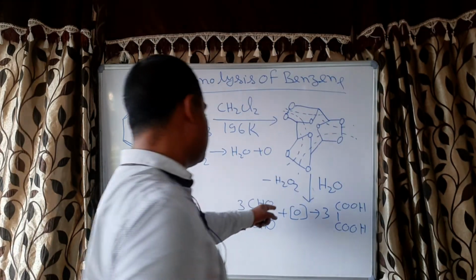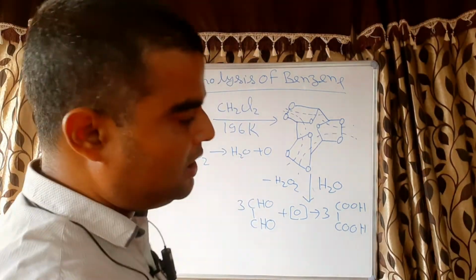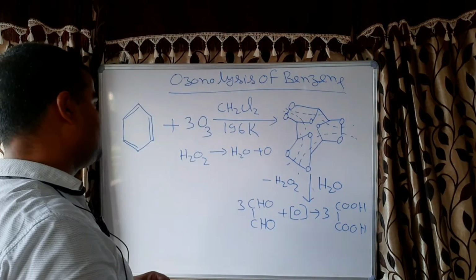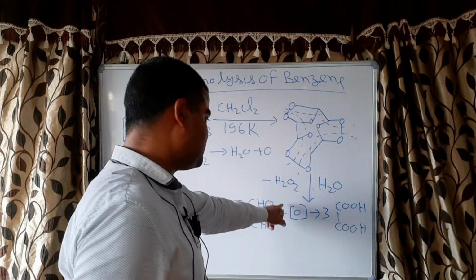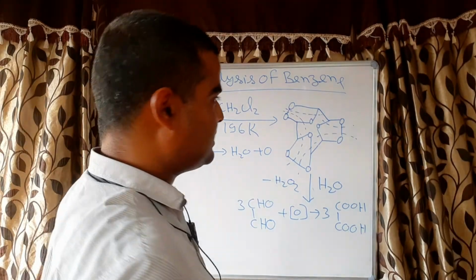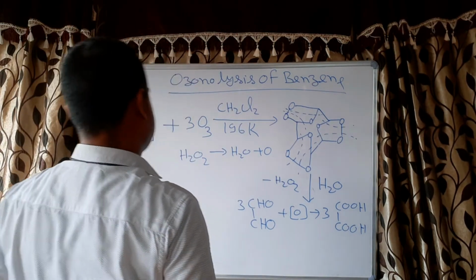Since in this cleavage oxygen is being used, that's why it is called oxidative cleavage. And since in this ozonolysis reaction this oxidative cleavage occurs, this ozonolysis is called oxidative ozonolysis.